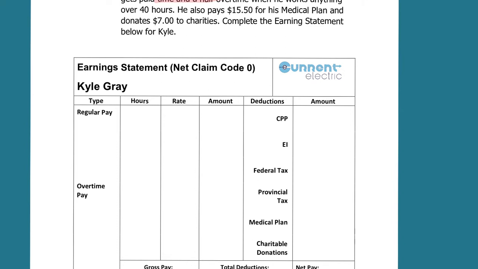So regular pay. We need to know his hours that he was getting regular pay. It says in here that anything over 40 is when he gets overtime, so anything 40 and under would mean he gets regular pay. So he did 40 hours of regular pay, which means he did 10 hours of overtime pay, because it said that he did 50 altogether.